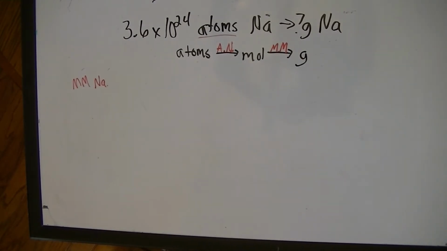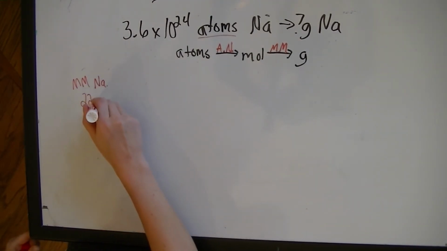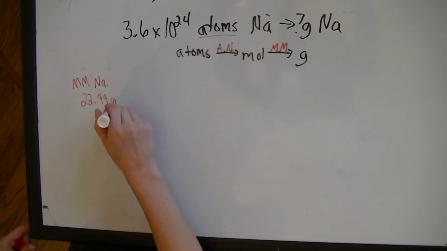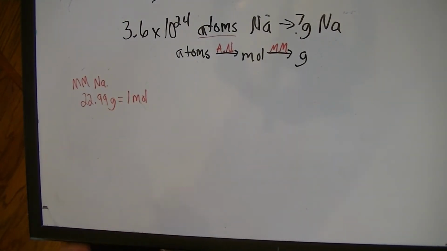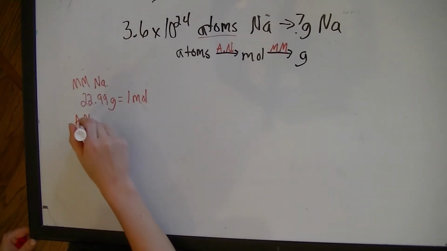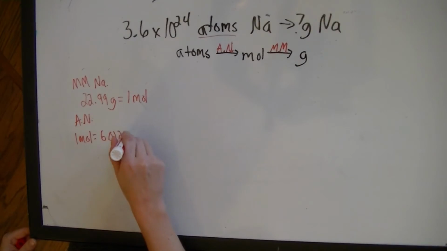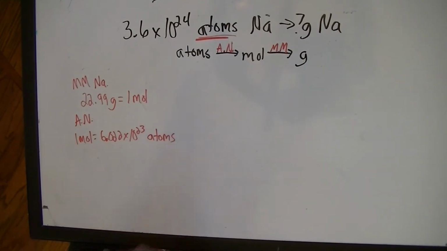So let's see, sodium is 22.9 grams, 1 mole. Okay, and then Avogadro's number, of course, 1 mole is equal to 6.022 times 10 to the 23rd, and this time it's atoms, since we are talking about an element. So those are our conversion factors.